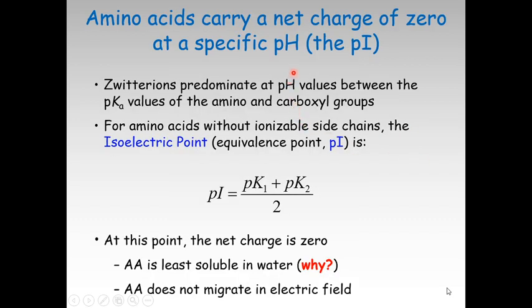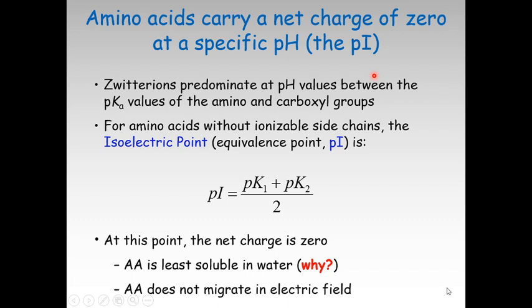Amino acids carry a net charge of 0 at a specific pH, which happens to be the PI. In the previous slide, the PI of 5.97 is when the net charge of glycine is 0, because it has a positively charged amine and a negatively charged carboxylate.